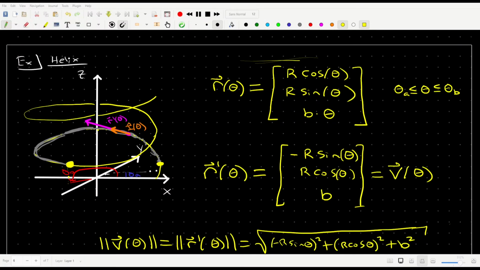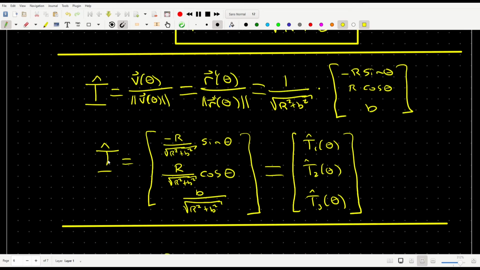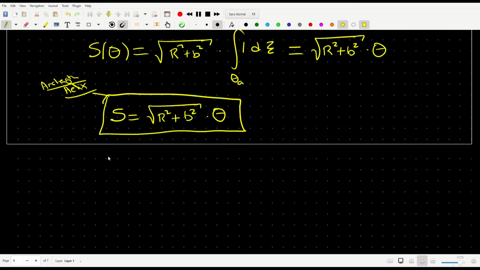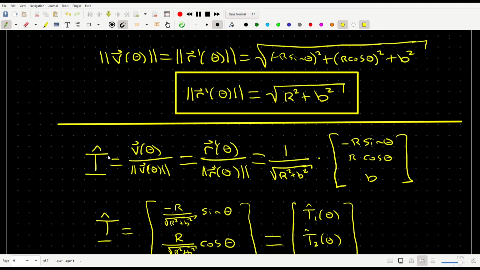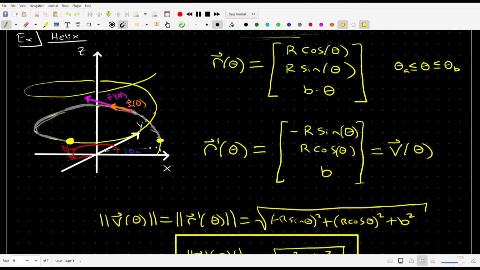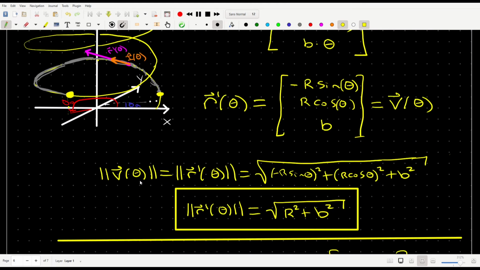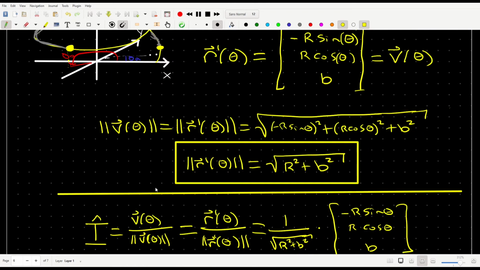And so what I want to do to end the lecture is just revisit one of the examples that I did in the previous lecture, which is the helix, to show you how we can use what we just did to really understand motion along the helix. You'll remember in that lecture I showed that the velocity magnitude is always constant for the helix as it traverses around.